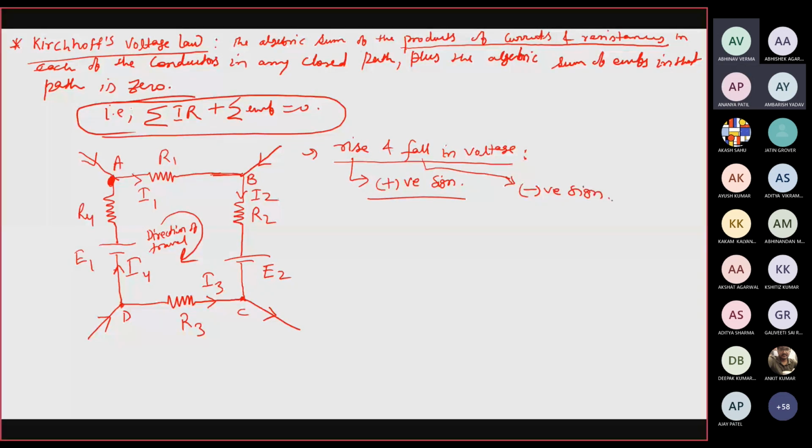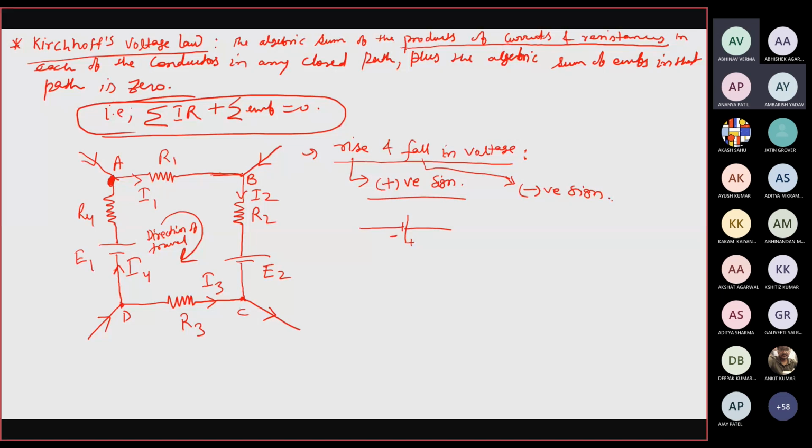This means that suppose there is a voltage source, a simple DC voltage source or battery, then you know that the smaller plate of this battery represents the negative plate and the larger one represents the positive plate, right? So if we are moving from left towards right, then there is a rise in voltage because we are moving from the negative plate towards the positive plate.